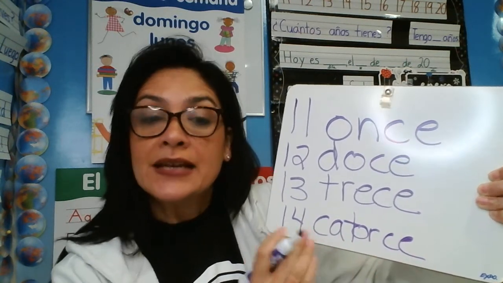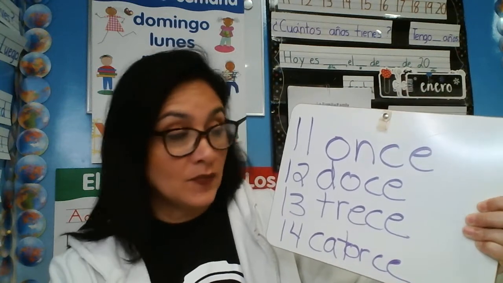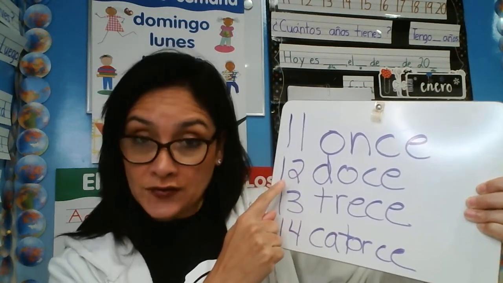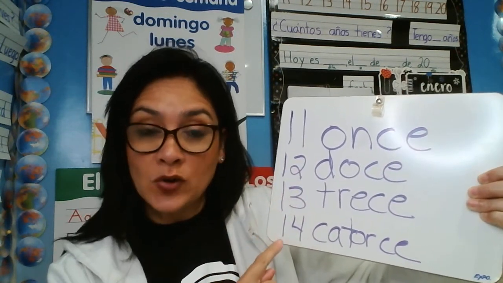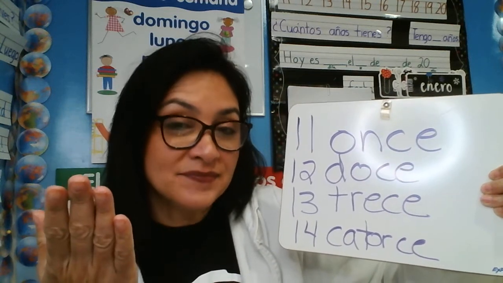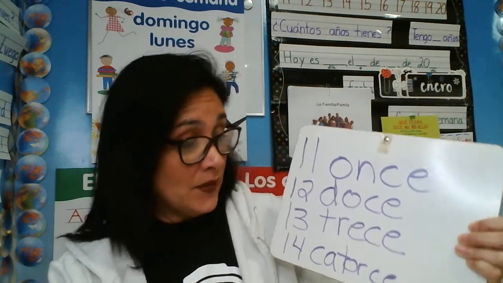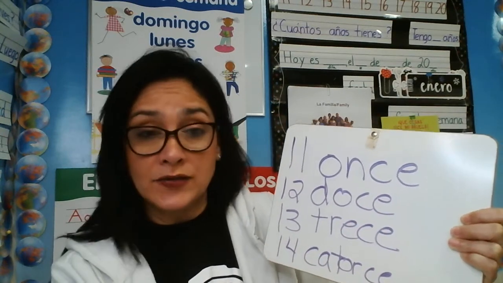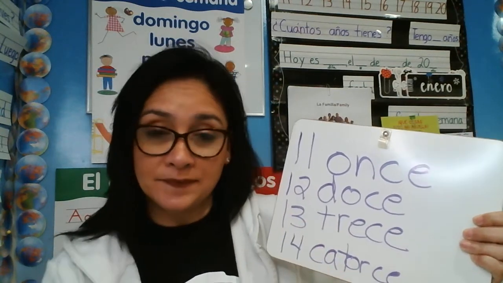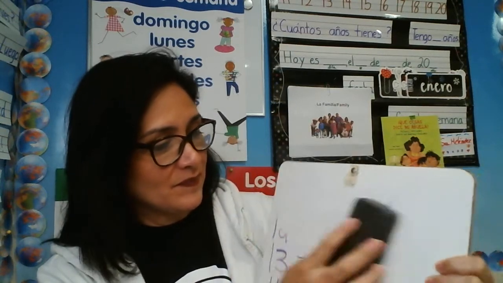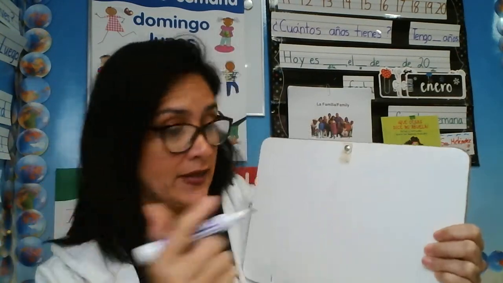Catorce. 11, 12, 13, 14. Muy bien. And maybe you've noticed there's a pattern there in the way that it sounds at the end. For 15, it sounds similar to 11, 12, 13, 14.